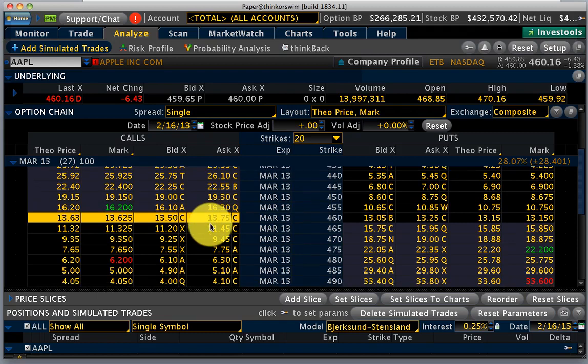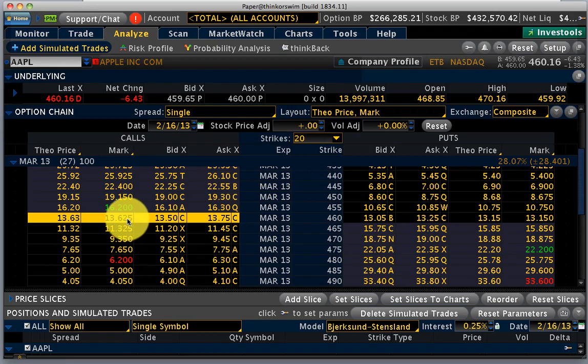So if you wanted to buy this option and you didn't have too much time to think about it, you can certainly put a buy order at the mark price. That is quite helpful when it comes to looking at the prices and determining a price to get into the option. So that's as far as the bid, ask, and the mark prices are concerned.